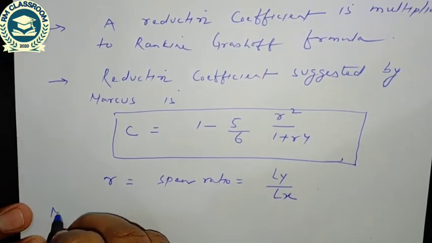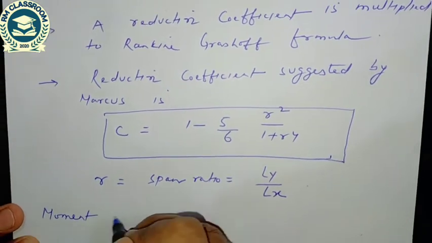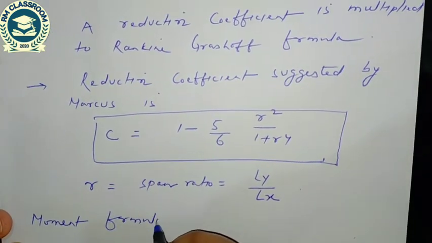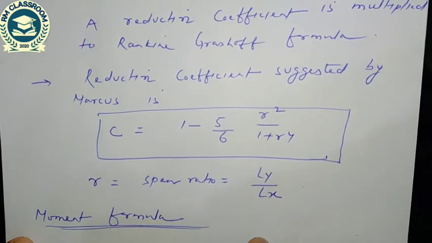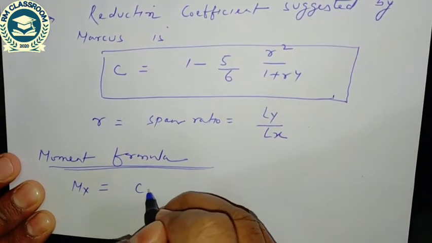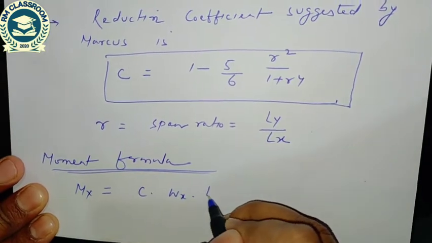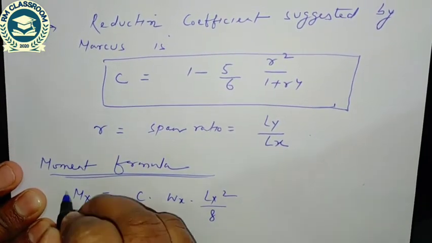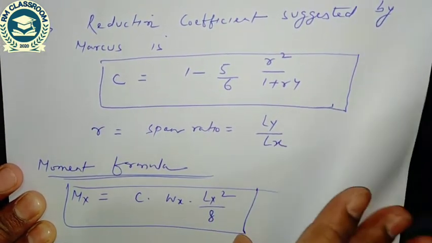So the moment formula according to Marcus: Mx is equal to C into Wx into Lx square by 8, where Wx is the same as suggested by Rankine.